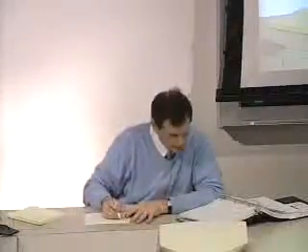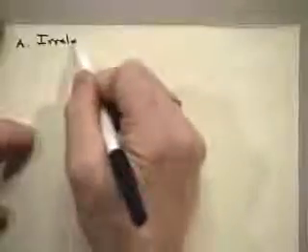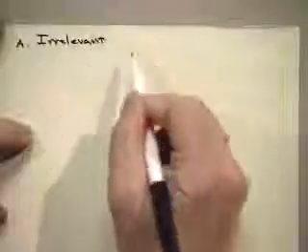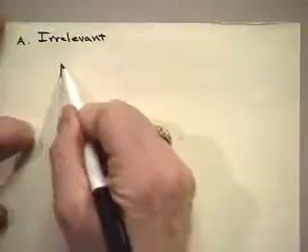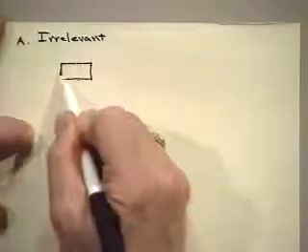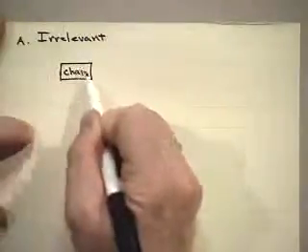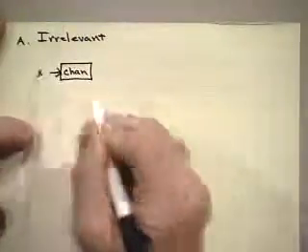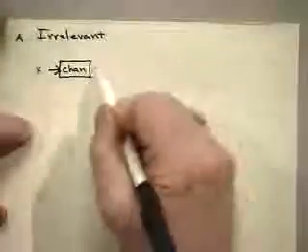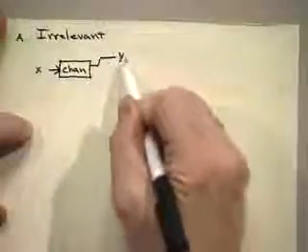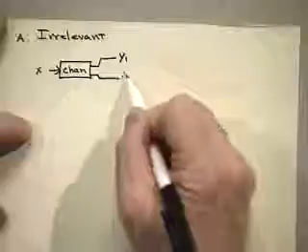Now, by way of review of reversibility, I'm going to draw it: irrelevant components and reversibility. What we look at is a channel has some input X, and we decompose the output into two parts.